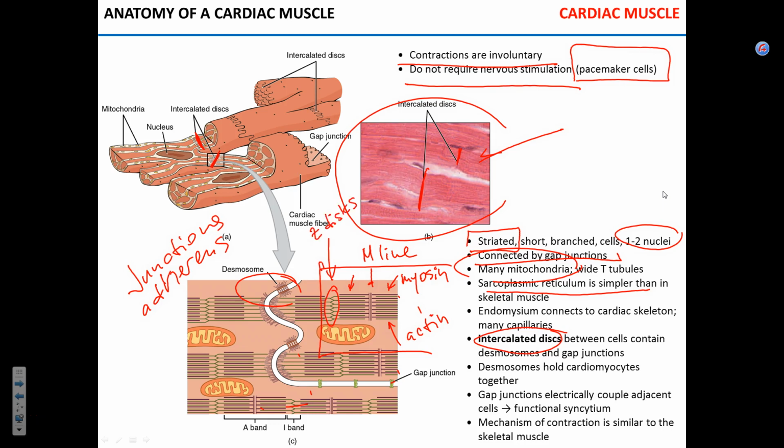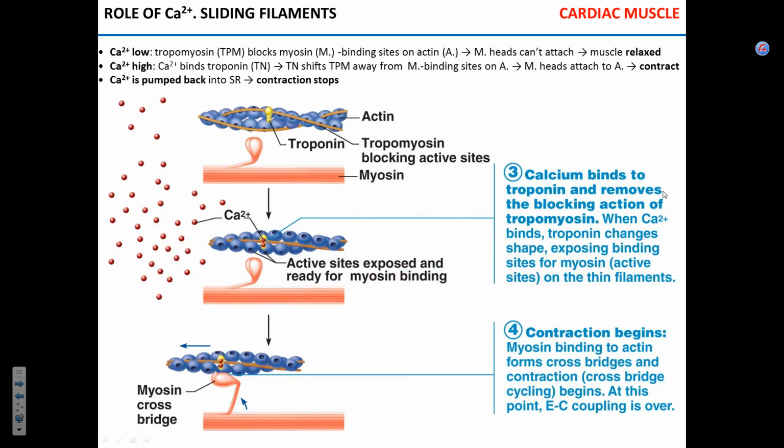When myosin and actin filaments slide against each other, Z discs become closer to the M line, the sarcomere shortens, and the cardiac muscle contracts. Are we clear? So this is sort of an expanded view.